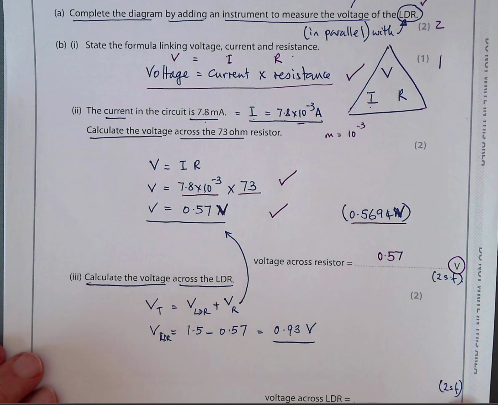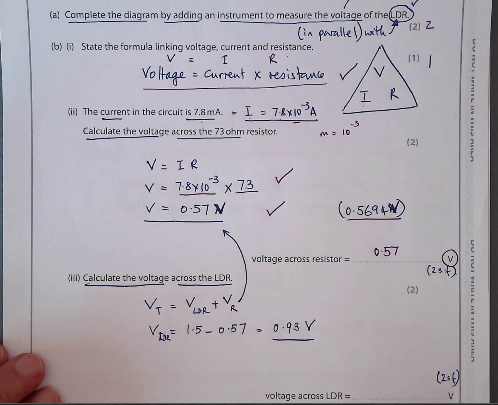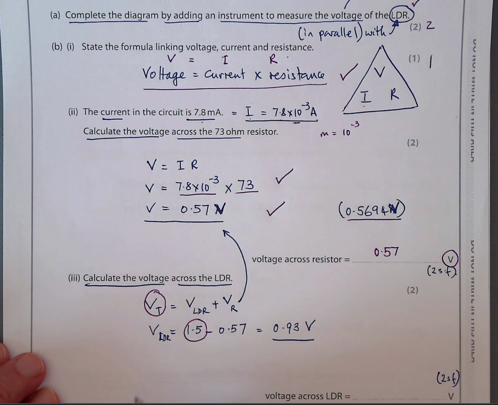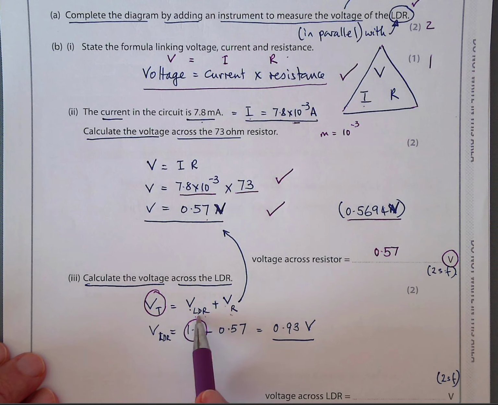So remember that the resistance is shared. The voltage of the cell, which is 1.5 volt, is the total voltage of the circuit, is shared between the voltage across the LDR and the voltage across the fixed resistor. So if the fixed resistor has 0.57 volts, how much of the 1.5 is left for the LDR? So remember, this plus 0.57 must equal 1.5.